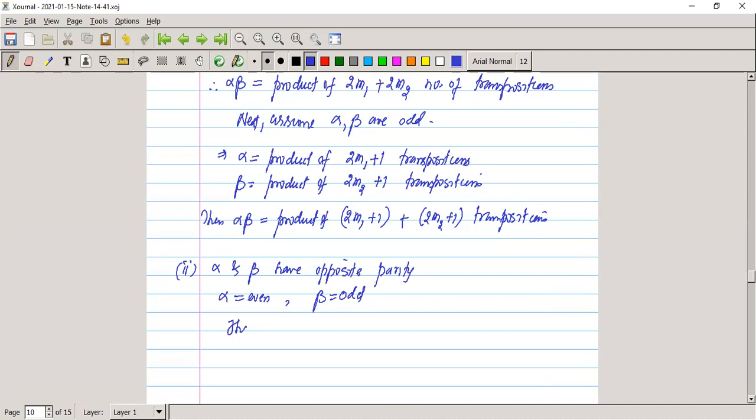Then alpha will have 2m1 transpositions, suppose, and similarly beta will have 2m2 plus 1 transpositions if beta is odd. So this implies alpha into beta has 2m1 plus 2m2 plus 1 transpositions.